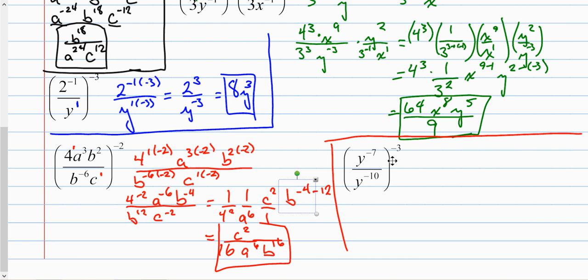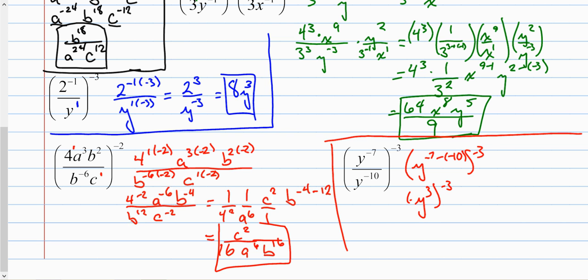So what I might do instead is I might say to myself, okay, right now I have a y to the negative 7 minus negative 10, all to the negative 3rd power. So y to the negative 7 minus negative 10 gives me a y to the third, all to the negative third power because of this here.